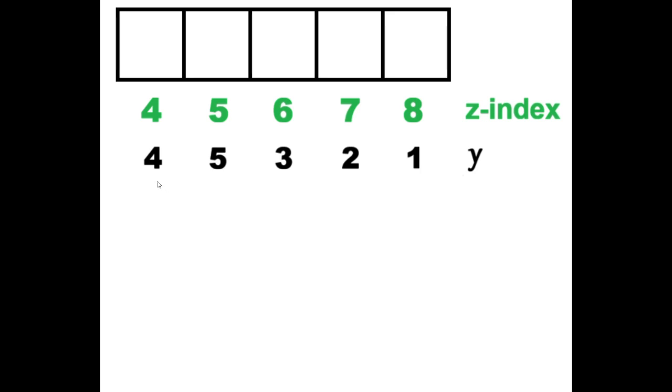This is why we would need to sort the values in relation to the z-index. We have to sort them so that the lowest y value would get the lowest z-index value. We are going to use the quicksort algorithm to do this.